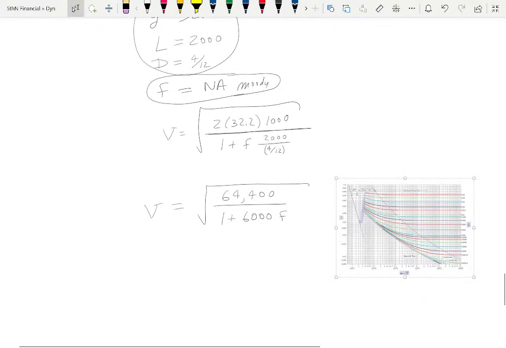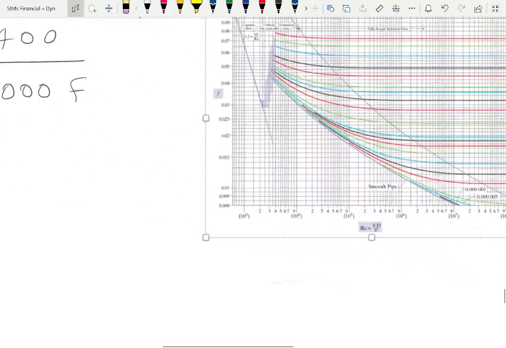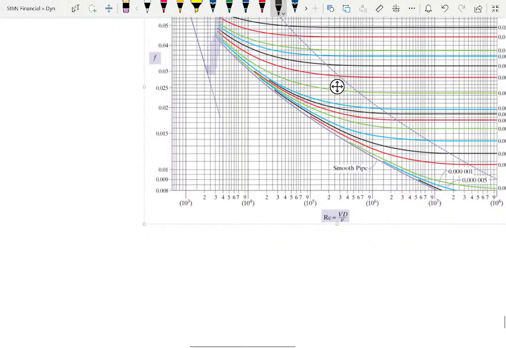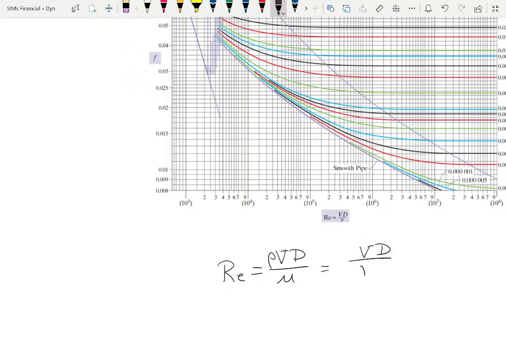Now, if you look at this, this is one of those, hey, how do you do this kind of thing? The Reynolds number is equal to rho velocity diameter over mu, which is the same thing as what he has. I usually don't write it that way because I can't write this symbol very well. But that's the dynamic viscosity.